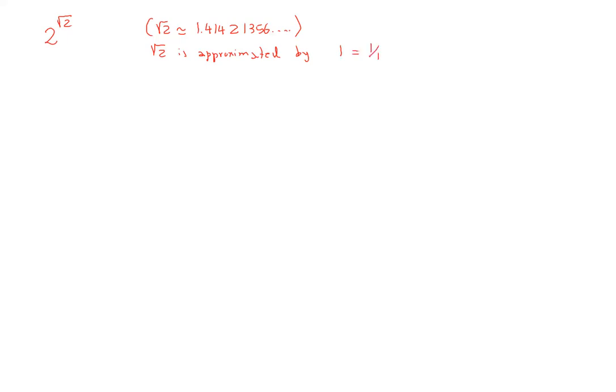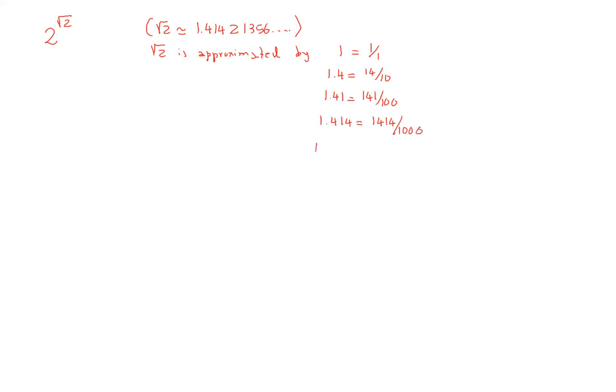It's 1 over 1. Then the next one would be 1.4, which as a fraction is 14 over 10. Then you have 1.41, which is 141 over 100. Then you have 1.414, which is 1414 over 1,000.